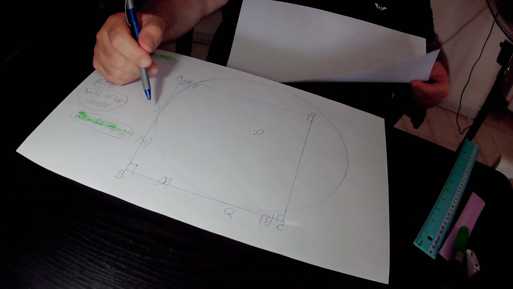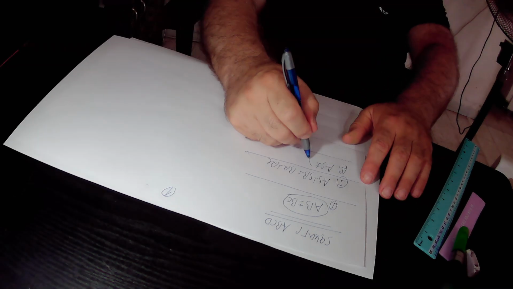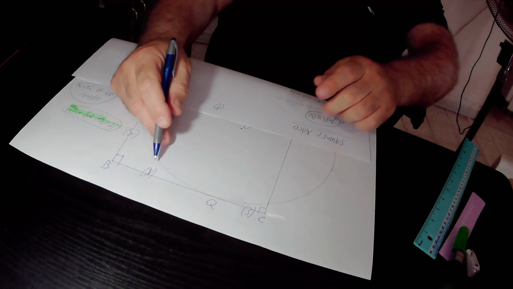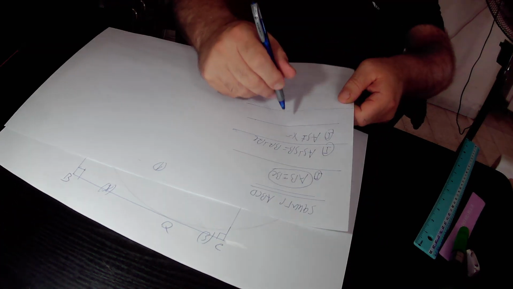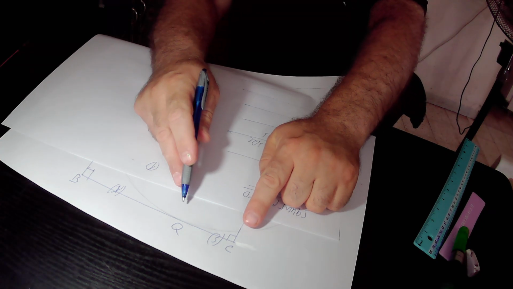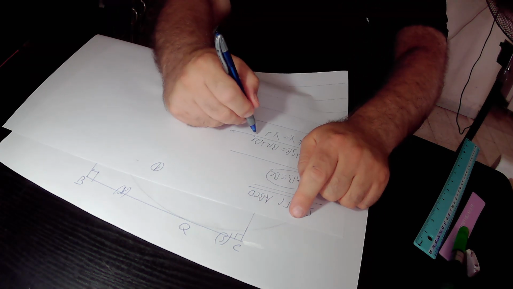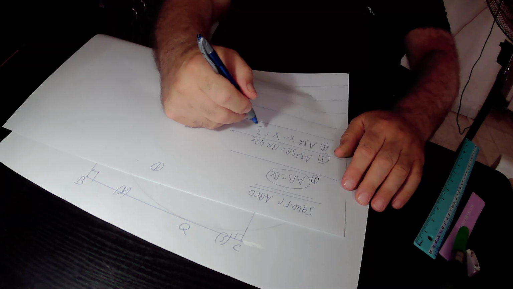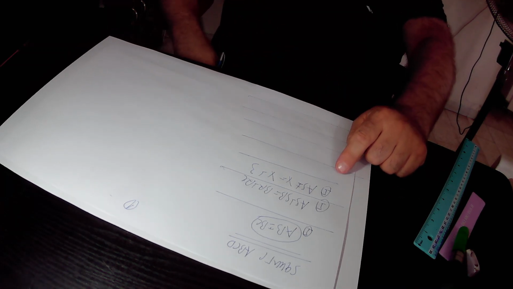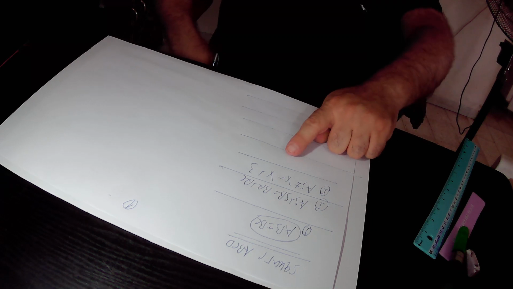SB is x, and it is equal to BQ. BQ is also x, plus QC. QC equals 3 units in its length, according to what is given in the question. So in total, according to equation 1, we found out that AS plus x equals x plus 3.